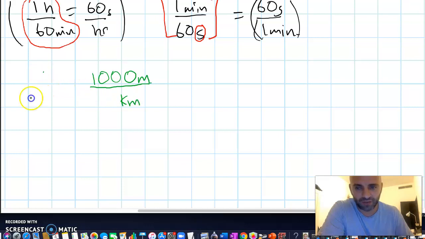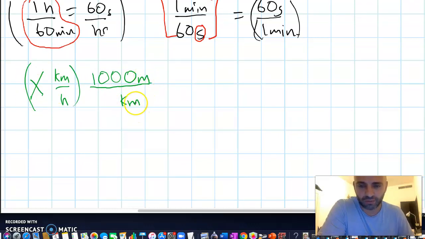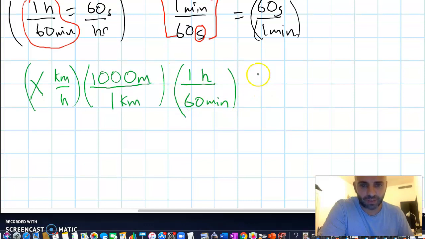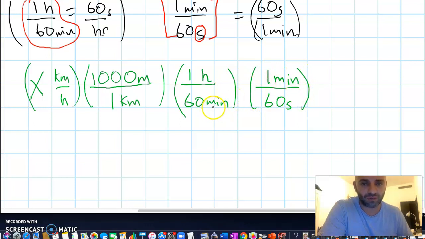So I know I'm going to have something over here in kilometers per hour, times 1,000 meters per 1 kilometer, times my 1 hour divided by 60 minutes, and my 1 minute divided by 60 seconds.